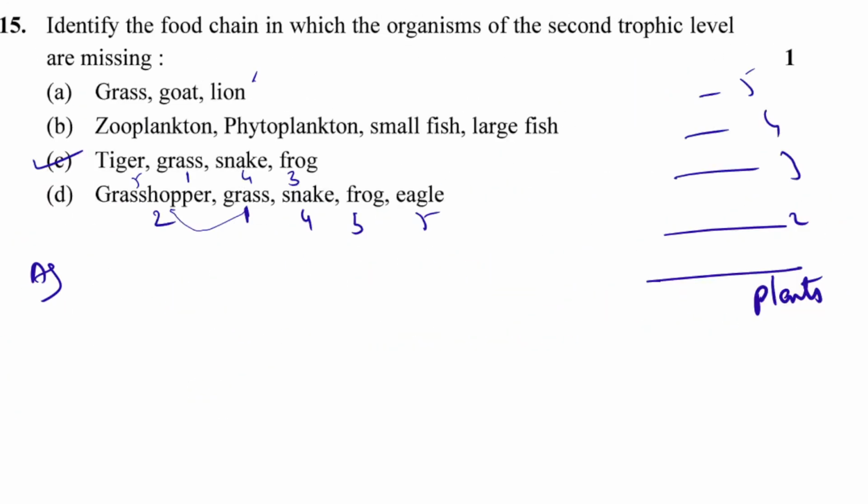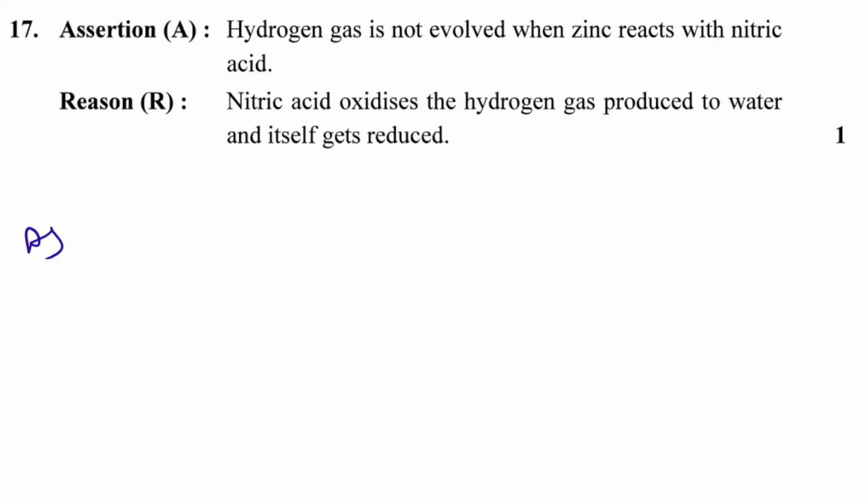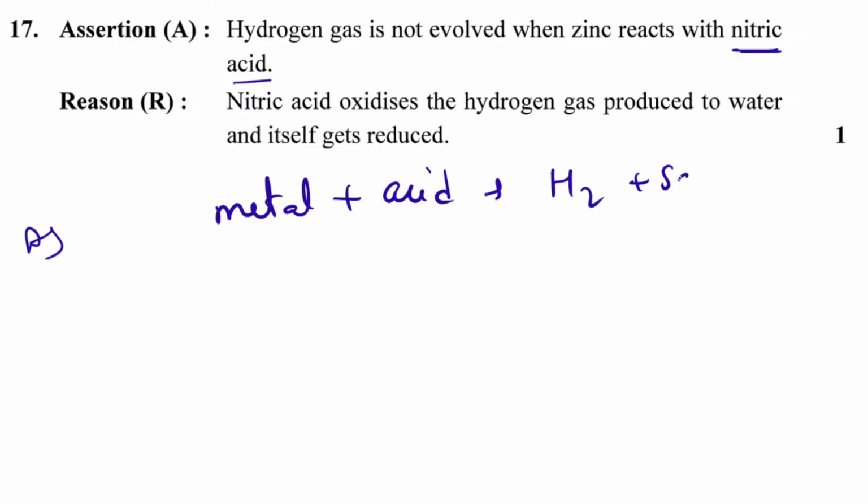Fine, let's move on. Hydrogen gas is not evolved because nitric acid is a very strong acid. Generally, if any metal reacts with an acid, H2 should be evolved. Metal plus acid, you should get H2 and salt.